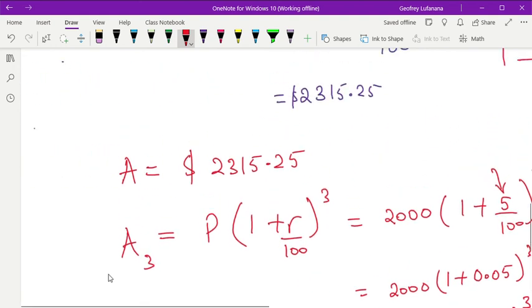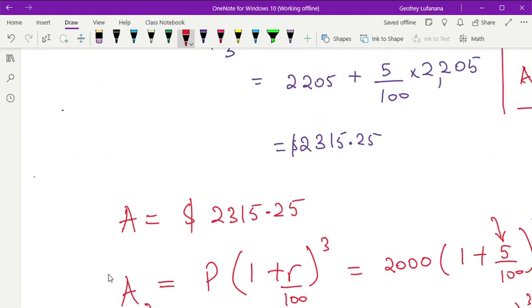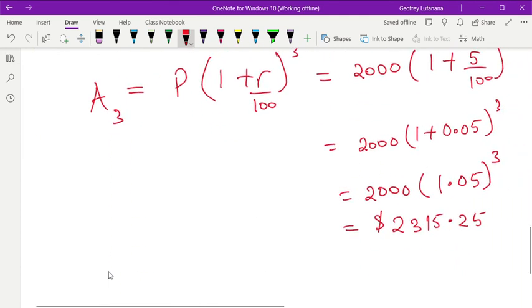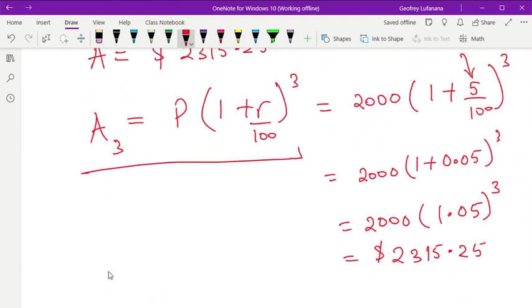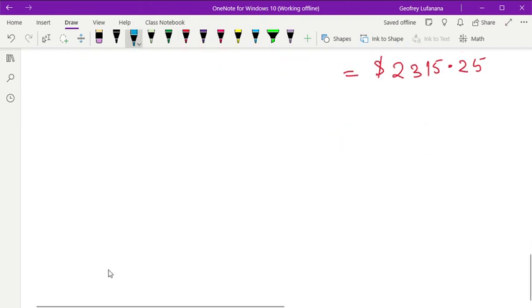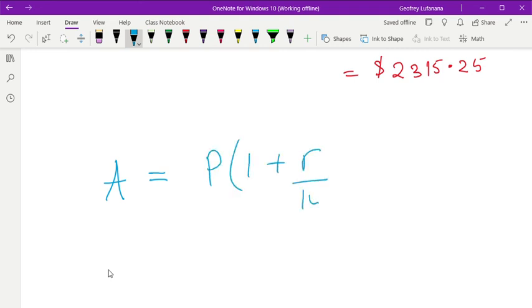I went through all of this to explain what compound interest looks like, but when we are solving questions, we use the formula. So what is the formula for compound interest? The amount at the end of a period of time is equal to your principal into 1 plus your rate to the power t.